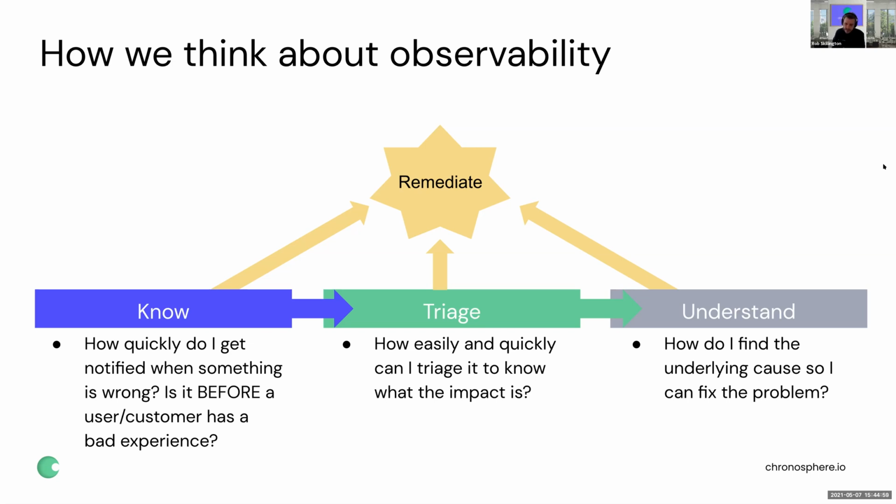And then, of course, understanding: how do you find the underlying cause of something that's happening, or what are you going to do with the output of the knowledge that you have about the system and the actions that you can take, and how you're going to feed that back into improving systems, or finding the underlying root cause of problems in your system.